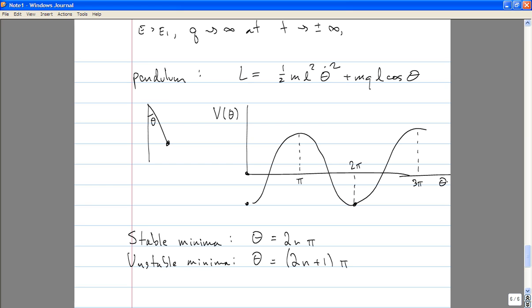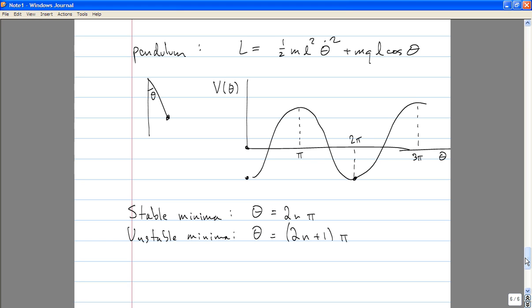And so you can see that there are two qualitatively different types of trajectories that the pendulum can take. If the energy of the pendulum is between the minimum value and the maximum value of this cosine, so if the energy is larger than minus m g l, but less than plus m g l, then what we have is an oscillation around a stable minimum.